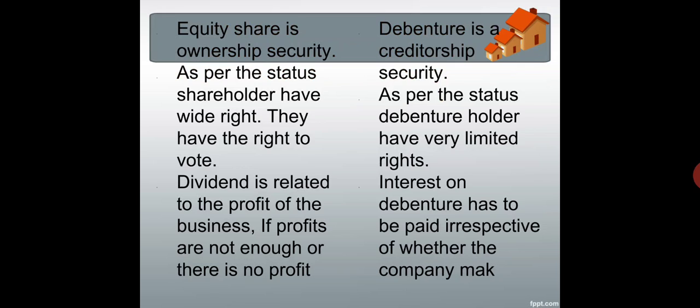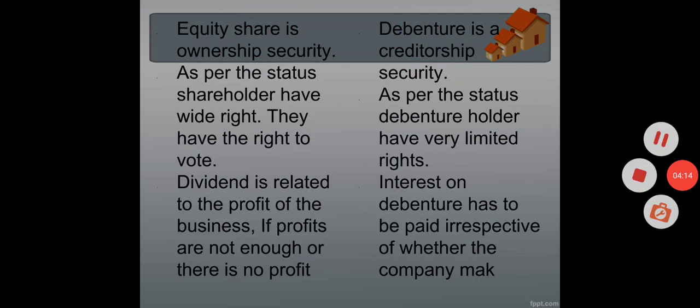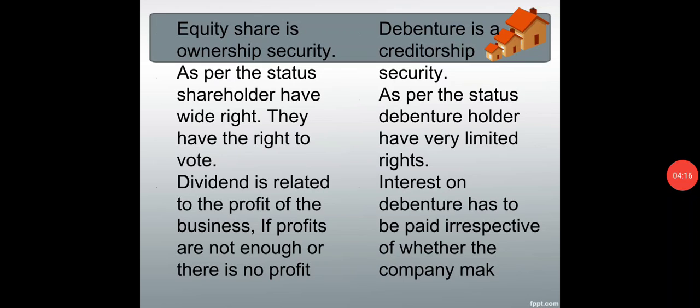Then the next one: an equity share is an ownership security, and a debenture is a creditorship security. Through debentures, the company creates credit funds in the market, and through equity, the company creates its own capital in the market.